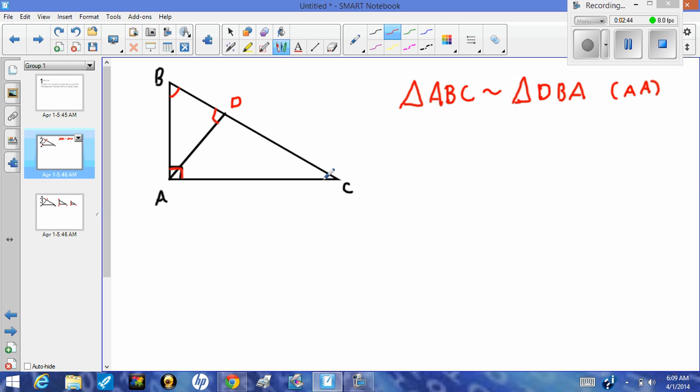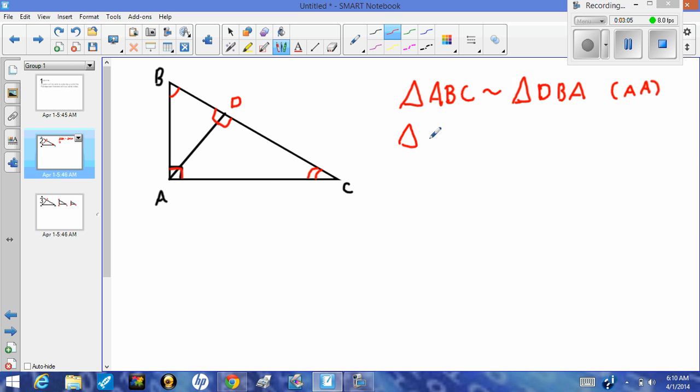Okay, I can do a similar proof for the medium-sized triangle. Again, another right angle. And this time they share angle C. So the large triangle has angle C, and so does the medium-sized triangle. Therefore, by angle, angle, the two right angles and the shared angle, we can say that these two triangles are similar.